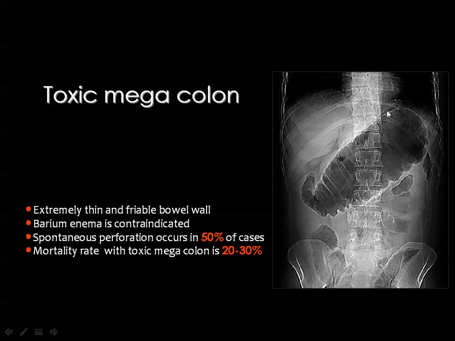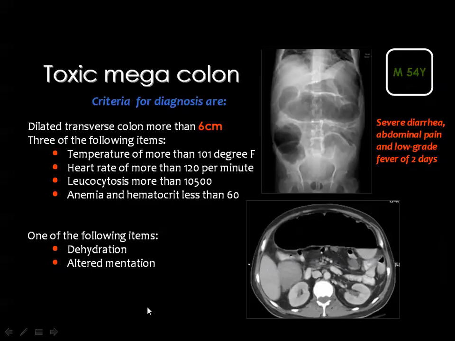And you see severe distension of the transverse colon, as you can see in this plain film. A spontaneous perforation of this toxic megacolon may result in 50% of the cases, and the mortality rate is high, may reach about 20 to 30% of patients.